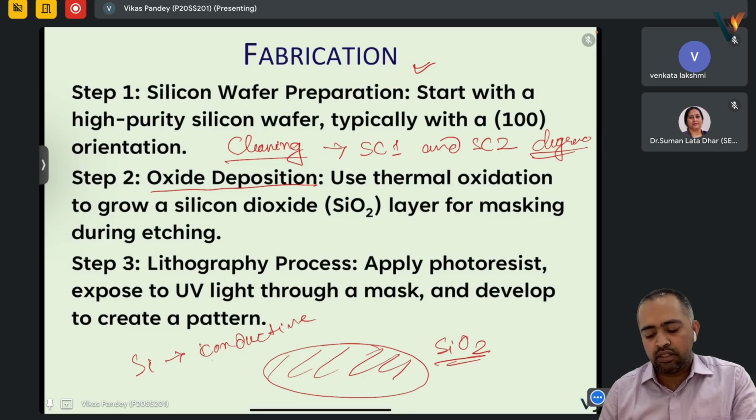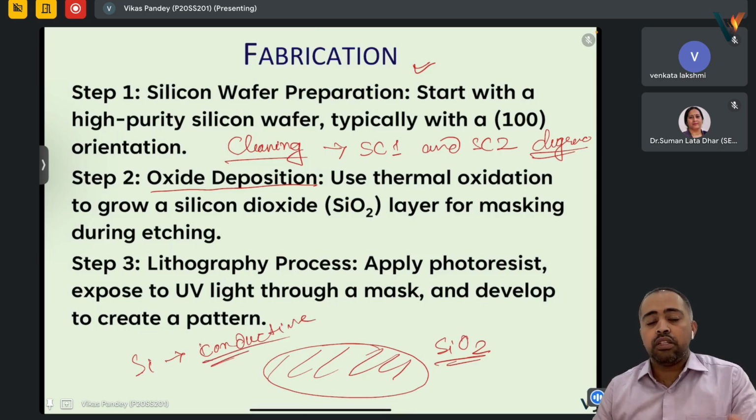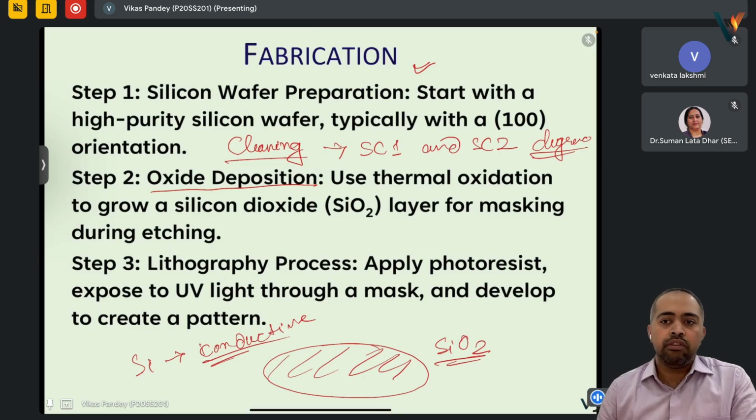And as discussed in one of the previous classes, intrinsic silicon is not available commercially, and it is easier to manufacture a p-doped or n-doped silicon. Starting in the manufacturing process itself, the doping is done. As such, certainly it will have some conductivity either due to holes or due to electrons.